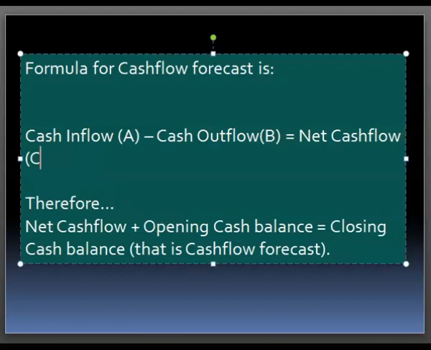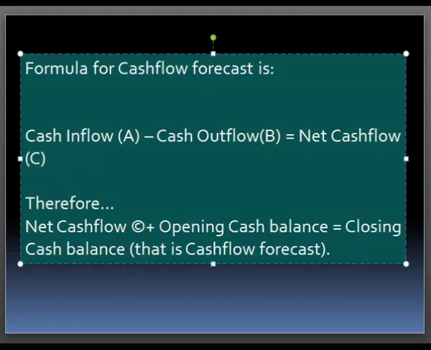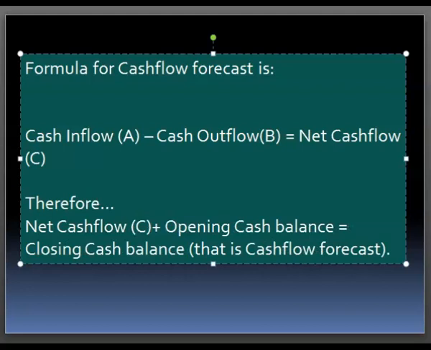Therefore, your section C, the net cash flow, plus your opening cash balance, which is section D, the money kept in your purse, gives you the closing cash balance, which is section E.